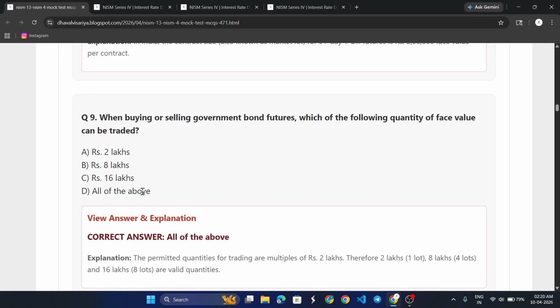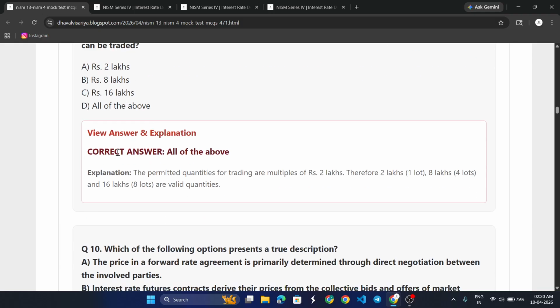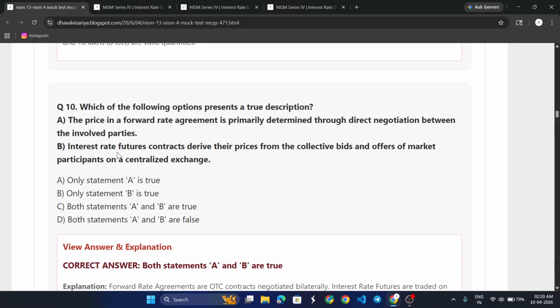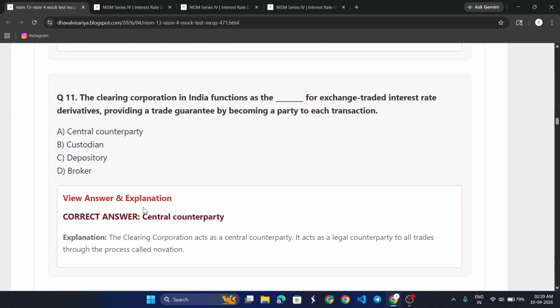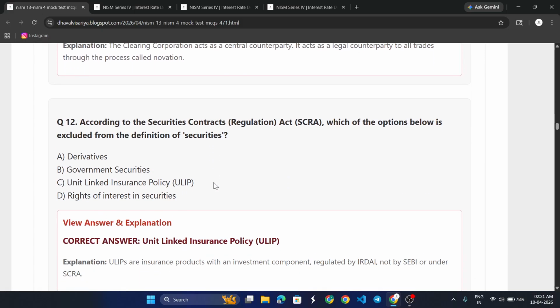When buying or selling government bond futures, which of the following quantities or face values can be traded? All of the above: 2, 8, 16, multiples of 2. Which of the following options presents a true description? Both statements A and B. You can check it. The clearing corporation in India functions as a central counterparty for exchange traded interest rate derivatives, providing a trade guarantee by becoming a party to each transaction.